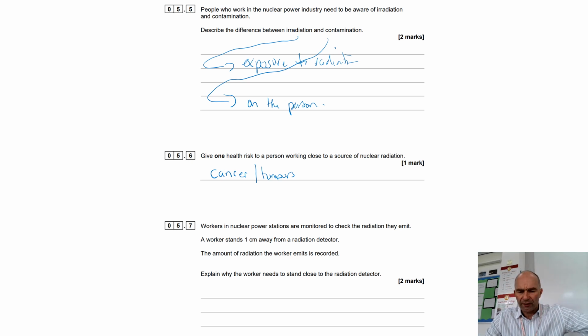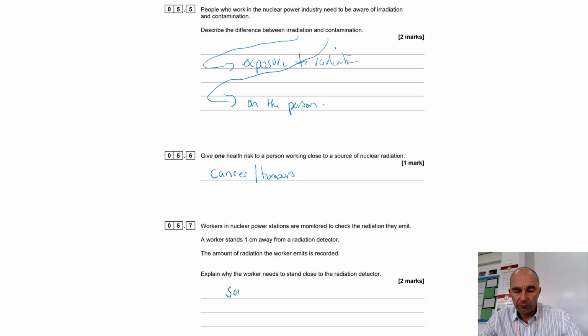Right, and then 5.7. Workers in nuclear power stations are monitored to check the radiation they emit. A worker stands 1 centimetre away from a radiation detector. The amount of radiation the worker emits is recorded. Explain why the worker needs to stand close to the radiation detector. And it's because this is all down to alpha radiation.